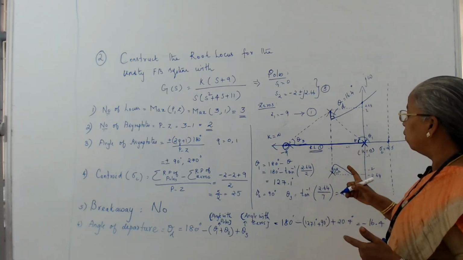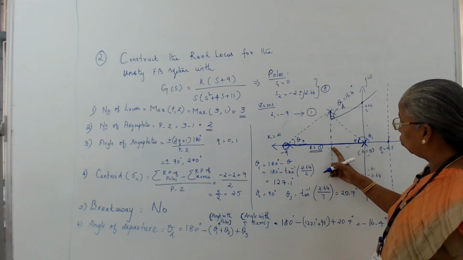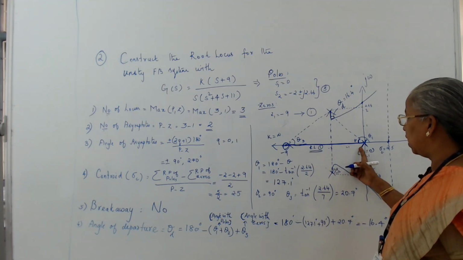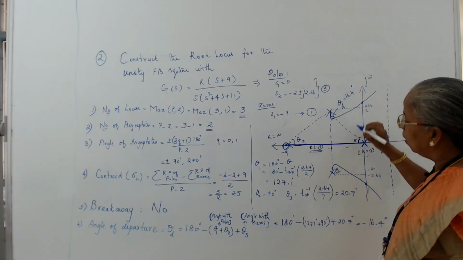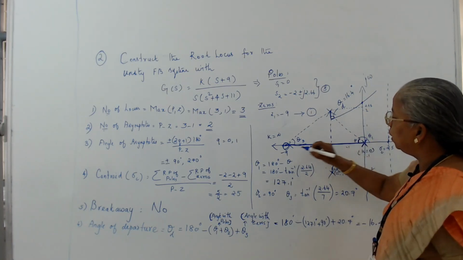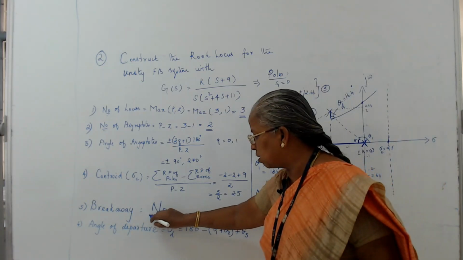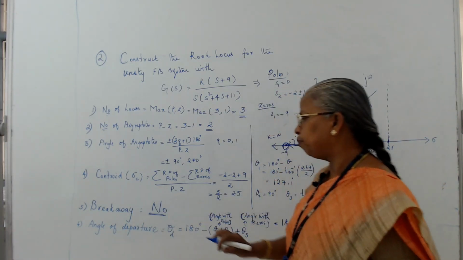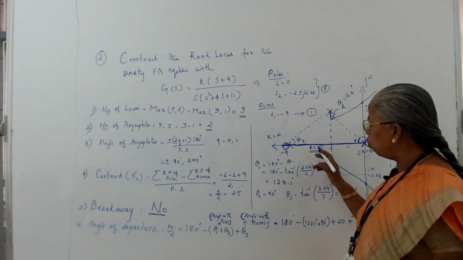If the locus exists between two poles, then the locus will break. Here there is no chance for break because it starts at a pole and ends at 0. That is why I have taken this as no breakaway.